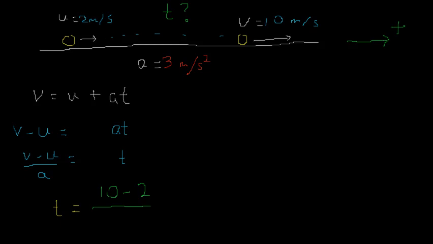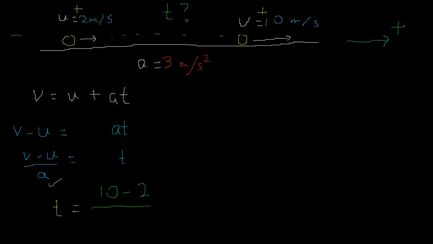So the right is going to be positive, and the left hand side is going to be negative. Therefore, I need signs in front of the v and u. So v would be plus 10 and u would be plus 2, since both are moving to the right, in the positive direction. So these two are correct. They both have positive signs, and then I need to divide by a.